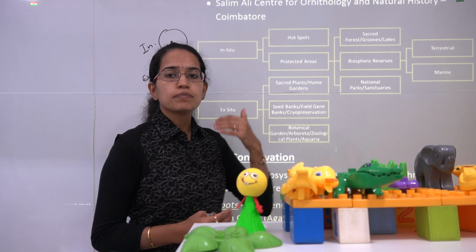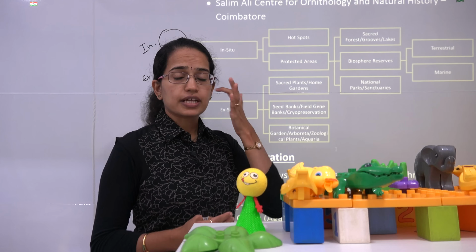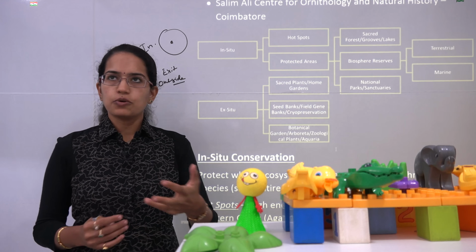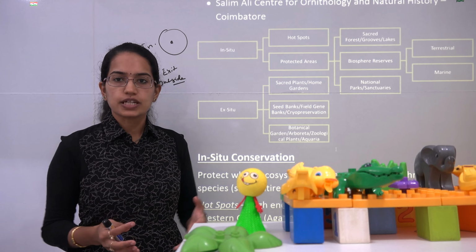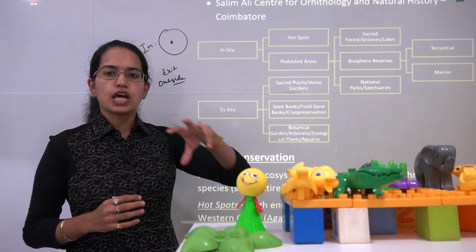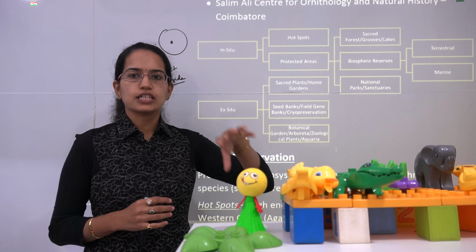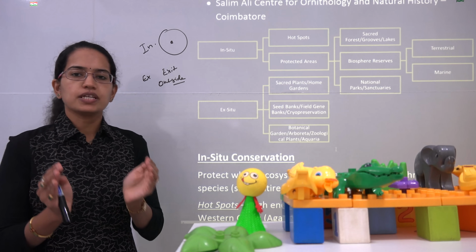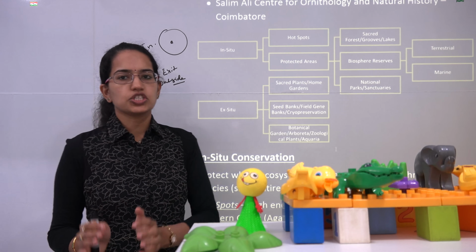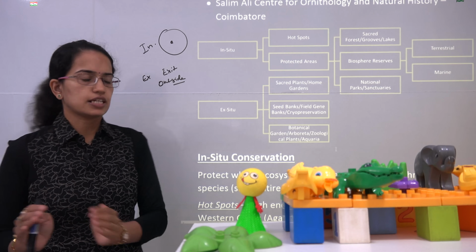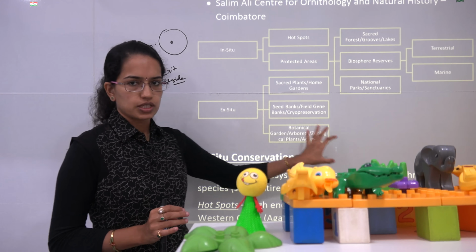Similarly, you have the Bishnois who try to protect the prosopis, and the blackbucks are also protected by the Bishnois. Those are certain sects or communities which are protecting their species, or the species they worship, in the external surrounding. So that's a kind of ex-situ conservation.